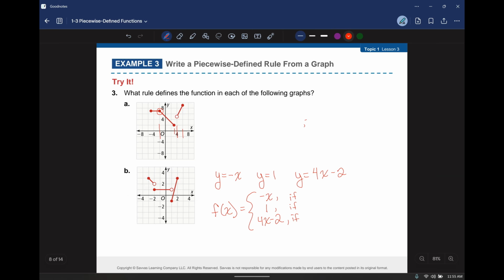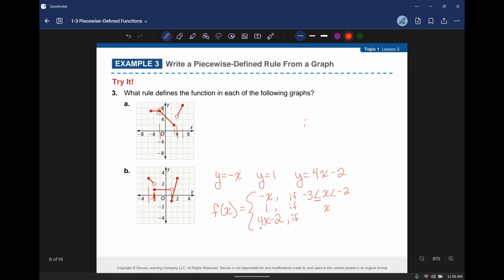So now we're stating the intervals. So the first piece is from negative 3 to negative 2. So x is between negative 3 and negative 2. There is a closed circle and then an open circle at negative 2. My second piece goes from negative 2 all the way to a little bit farther over, 1.